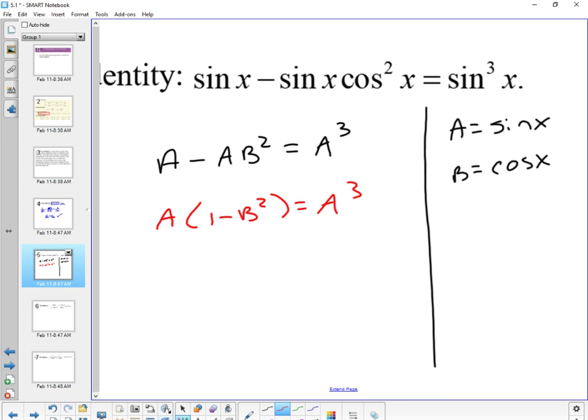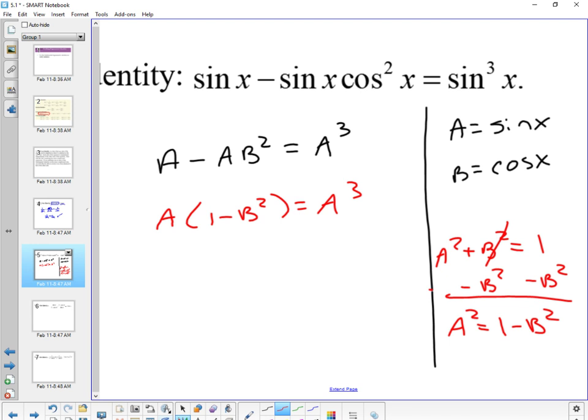Now, that doesn't help very much. But by the Pythagorean theorem, A squared plus B squared equals 1, doesn't it? So I'm going to take away B squared from both sides. That means that A squared is equal to 1 minus B squared, correct?